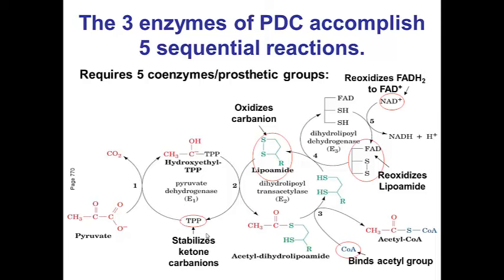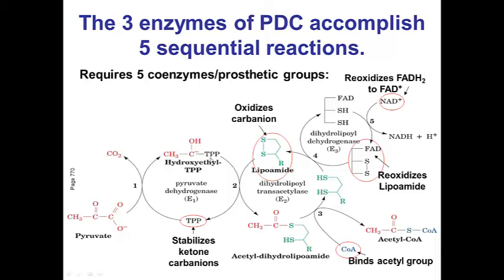So in the first reaction, TPP is used to stabilize this ketone carbanion, which catalyzes the release of CO2, and we form this hydroxyethyl TPP conjugate. So this hydroxyethyl TPP is essentially our acetyl group, or it's going to be our acetyl group.